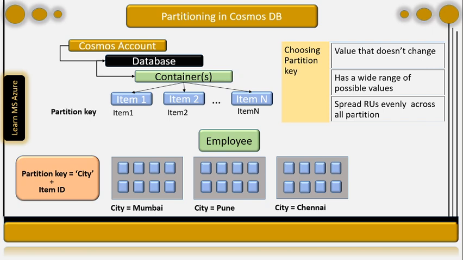So basically whenever you are going to scale your database, it will assign your RUs evenly across all the partitions. So it should not happen that some of your logical partitions are unused. That should not be the case. So whenever you are choosing a partition key, you should consider these things.